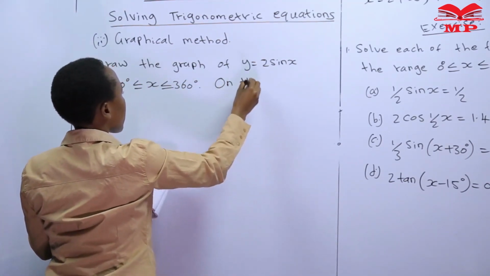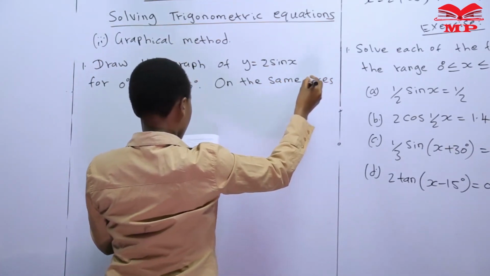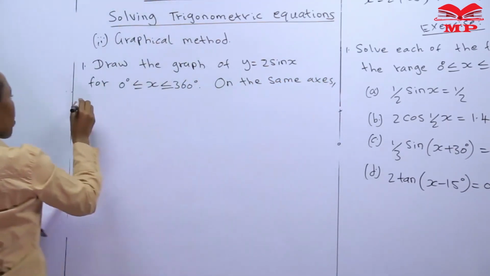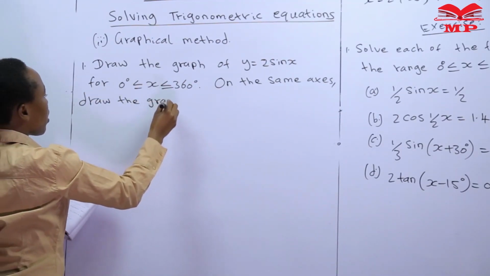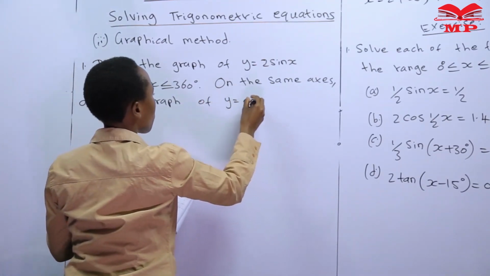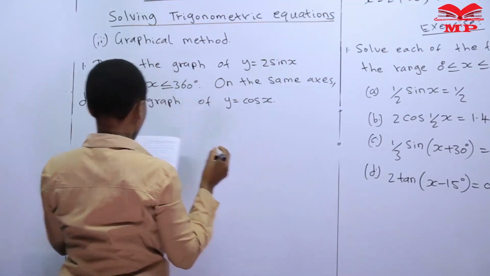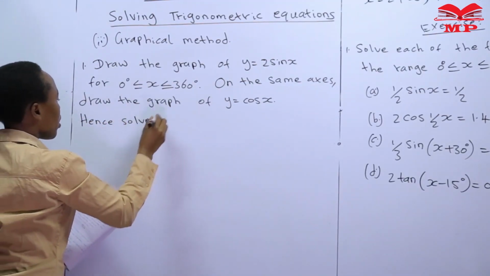Then on the same axis, draw the graph of y is equal to cos x. Hence, solve the equation.